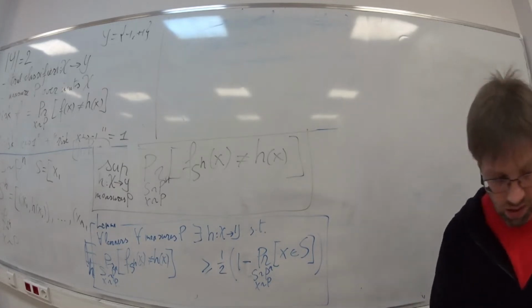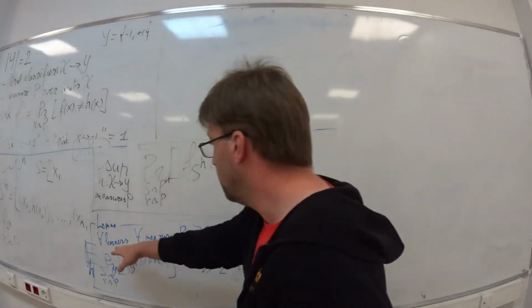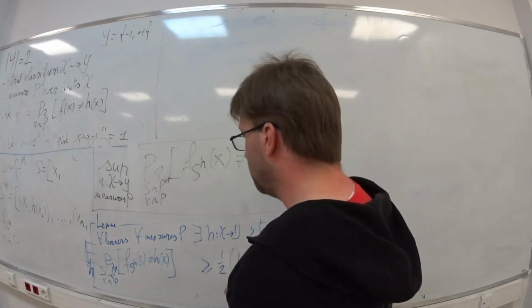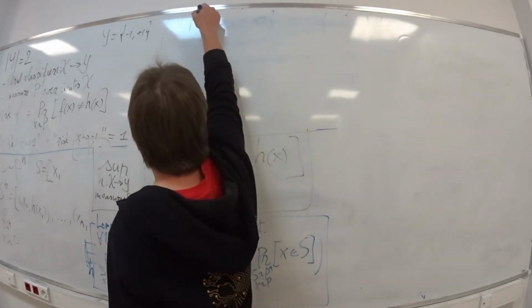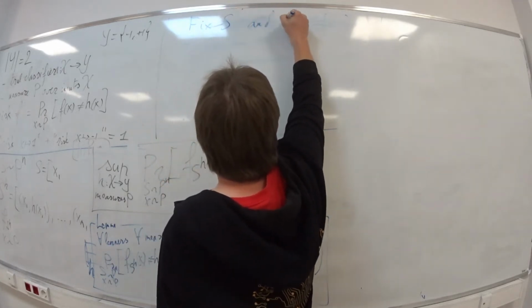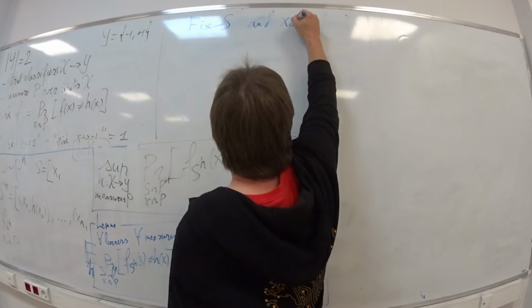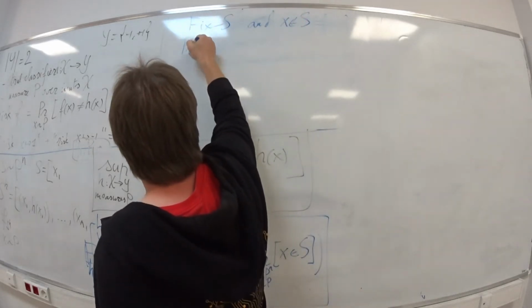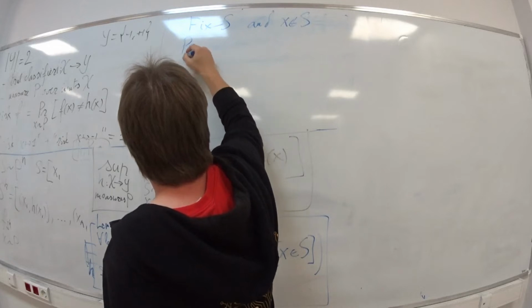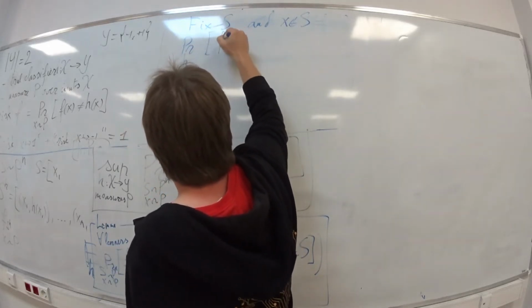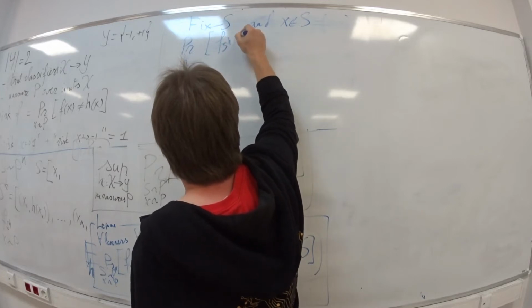So let us fix a learning algorithm, fix a measure, and additionally let us fix S and some x not in S. Let us look at the probability over the generation of H that the learner's output on x is wrong.